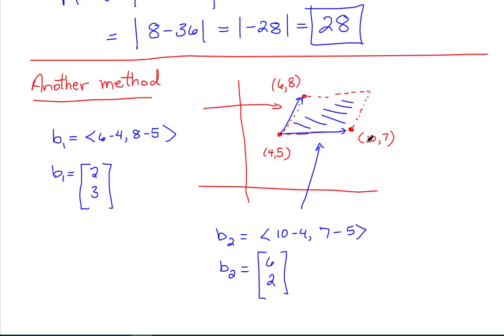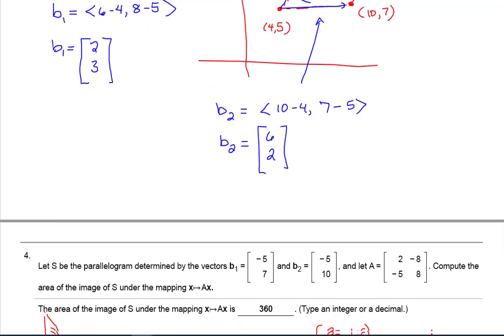And here I could take 10 minus 4 is 6, 7 minus 5 is 2, and that would give me my columns without having to do any shifting. So another possible way to do this.